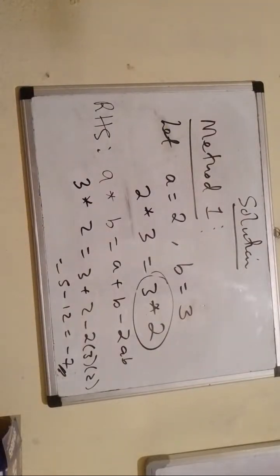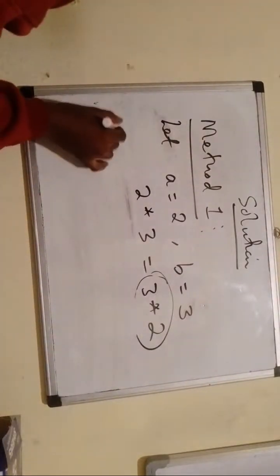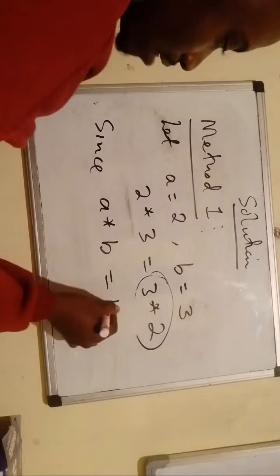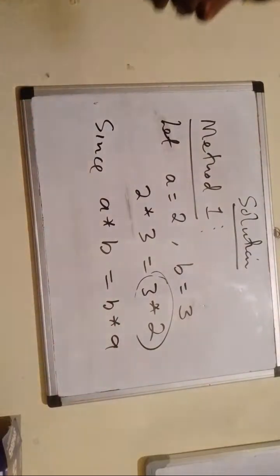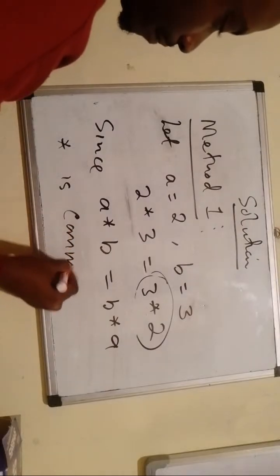negative 7. Luckily for us, in this case, we can put up a conclusion. We are getting the same outcome still. So we can say, since A star B is the same as B star A, star is commutative.